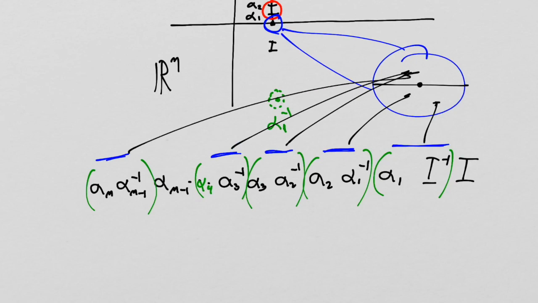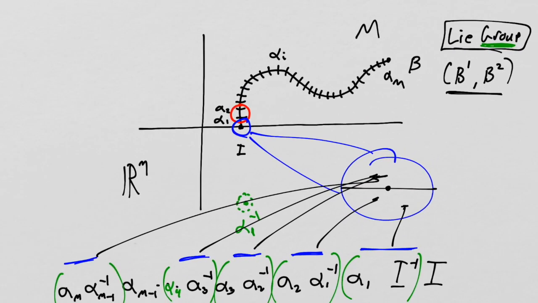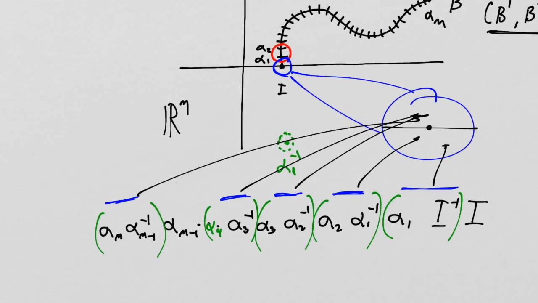But now if I took this to an infinite limit, where I just increase the number of points here, I'm always going to have to deal with the end of this line, beta. And this last group element eventually becomes beta. The more points I have, the smaller these divisions become. This alpha m actually becomes beta.